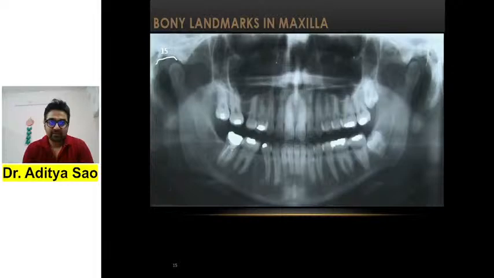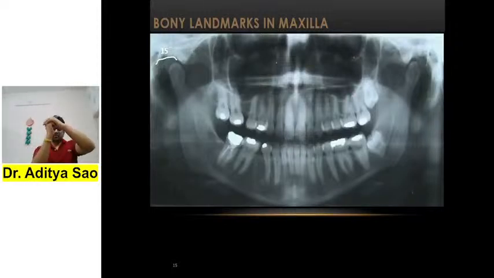Next, bony landmarks in maxilla. First is number 15. This is the glenoid fossa, where the head of the condyle articulates.